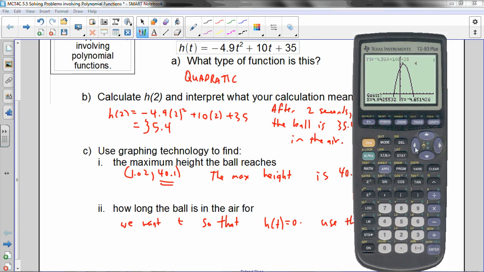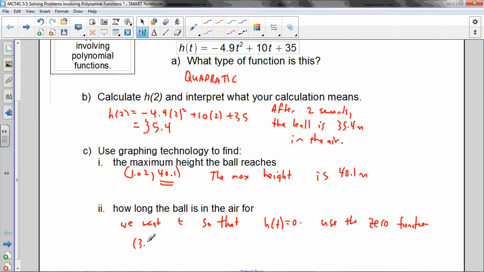Went off the screen there, doesn't matter. And then a guess, that's pretty close. And 3.88. So 3.88 is the 0. So the ball lands in 3.88 seconds.